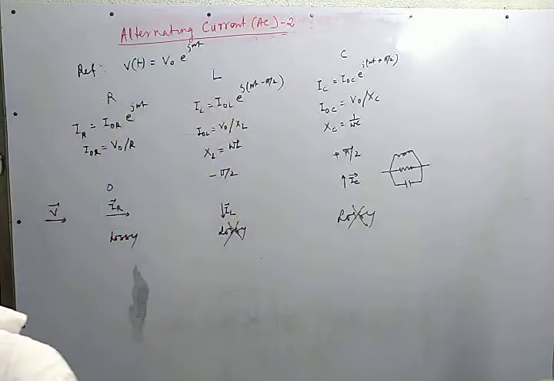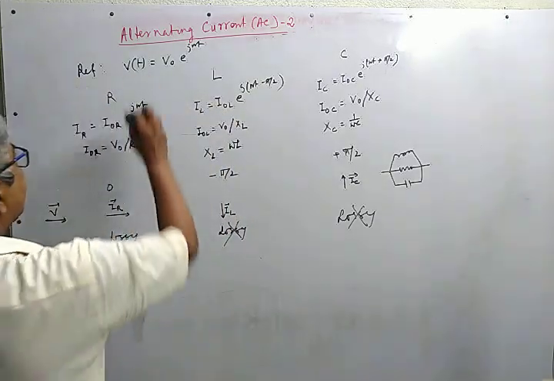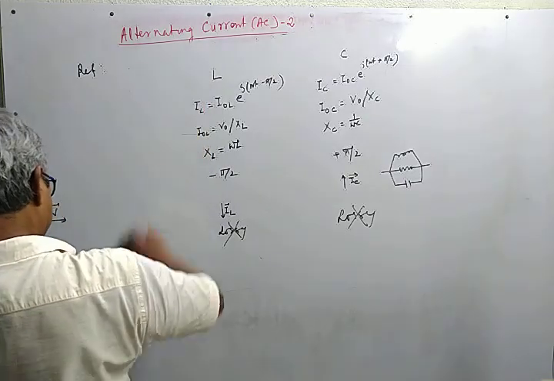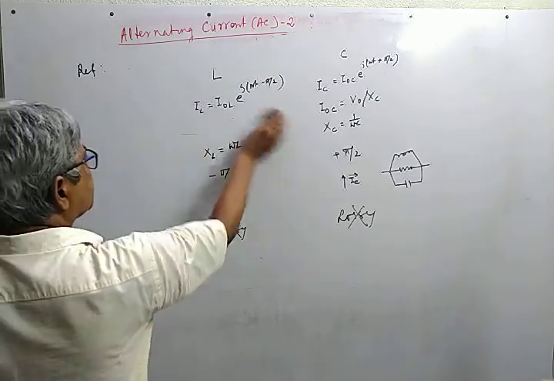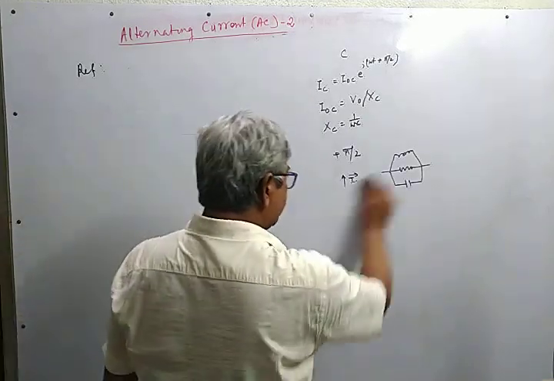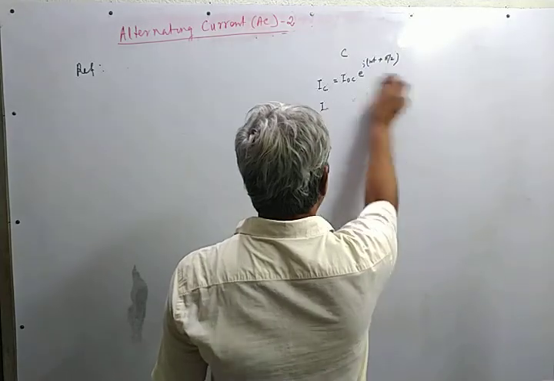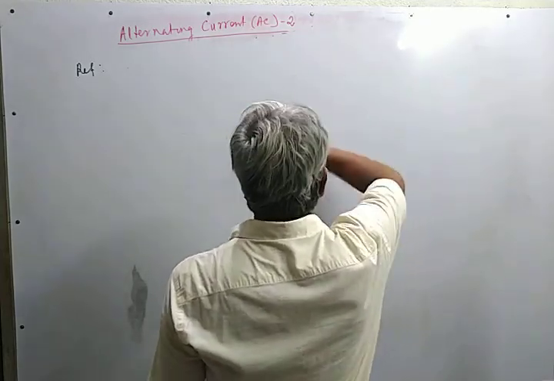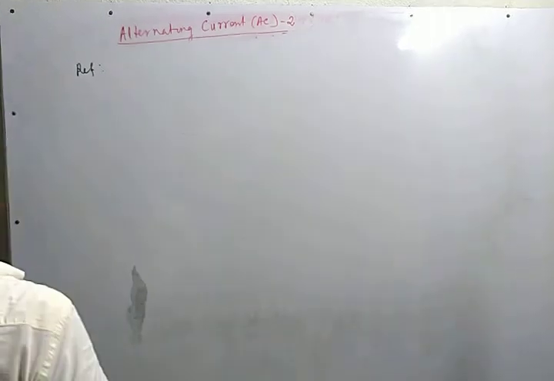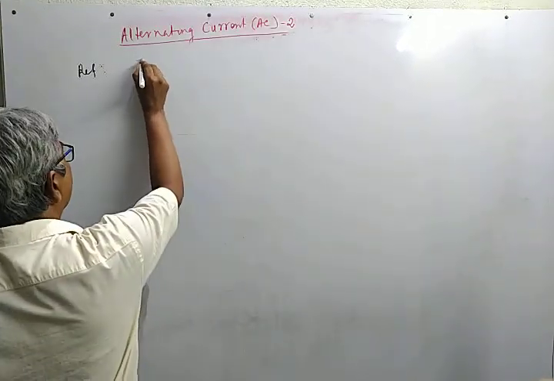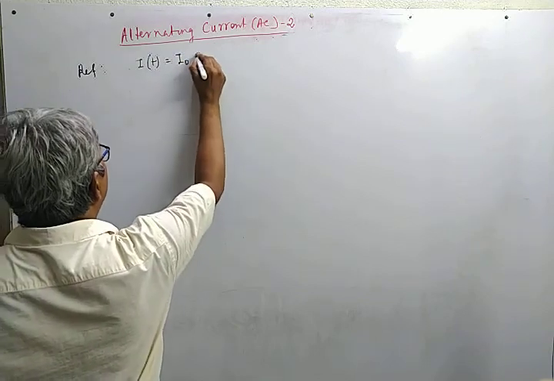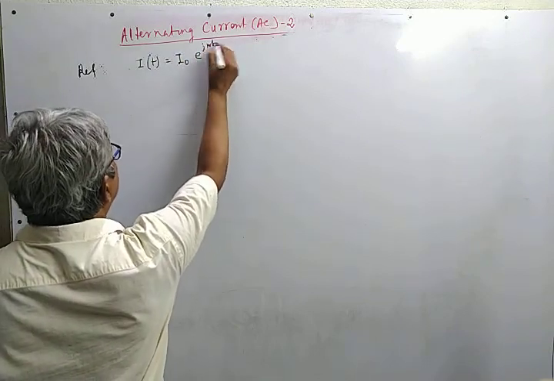Now we come to the calculation of reference current, that is, the response of the different circuit elements with reference to a current. This theory is applicable to the series combination of circuit elements, when the circuit elements are connected in series and the same current flows. So we generally speak of reference current.